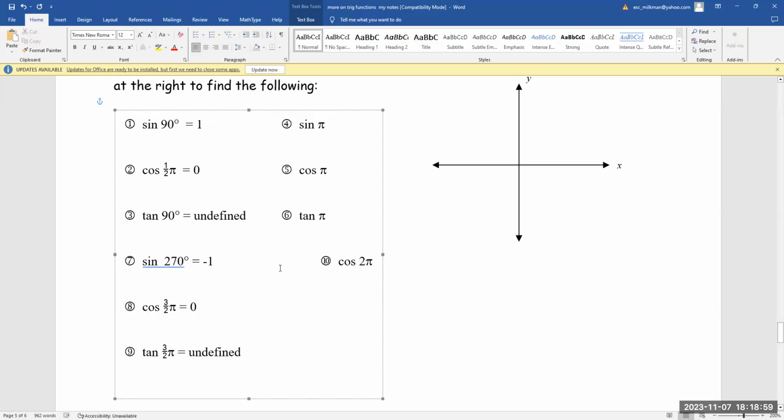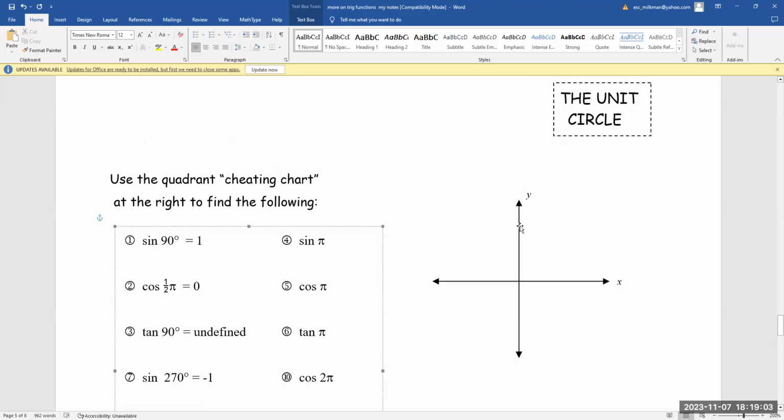Okay. So sine of pi, remember pi happens to be the same as a 180-degree angle. Again, these are all quadrantal angles. Over here, what's the y value on the x-axis? Which is 0. Didn't move up, didn't move down. The cosine on the circle, located on that negative x-axis, is -1.